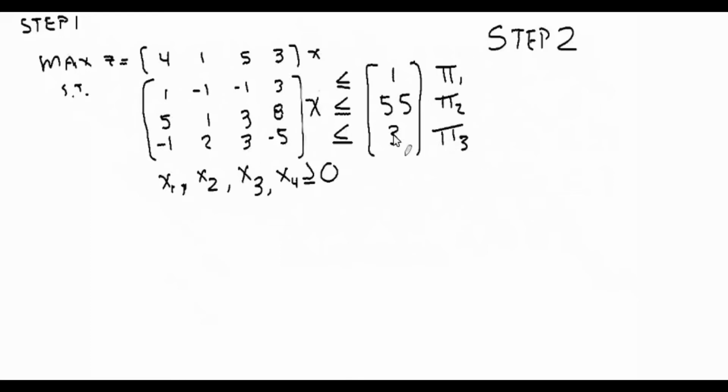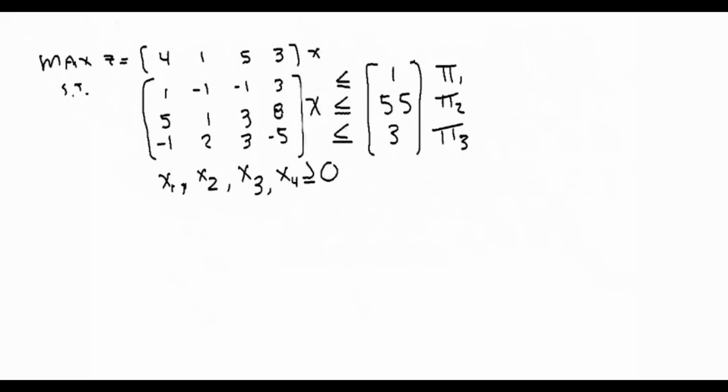One dual variable is associated with each constraint. So the first constraint is associated with pi 1, the second with pi 2, the third with pi 3. These are not multiplications here. This isn't 1 times pi 1. This is just writing down the dual variables right next to each constraint. We're going to do this so that it'll be very easy later to associate the things that need to be associated with each other to correctly create our dual formulation. So step 2 is writing down the dual variables to the right-hand side of each one of the constraints.